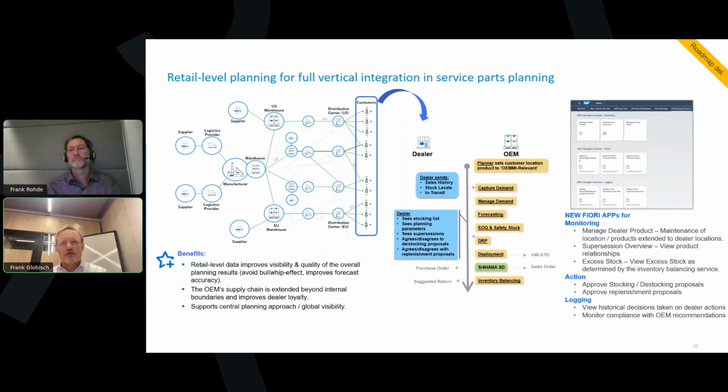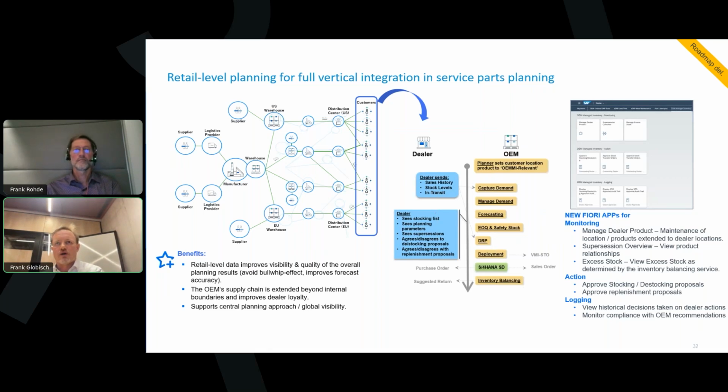And then the dealer can really take decisions along the planning process and sees the stocking list, what planning parameters went into the overall planning, and can take decisions for stocking and destocking suggestions, as well as replenishment proposals to agree on or not.